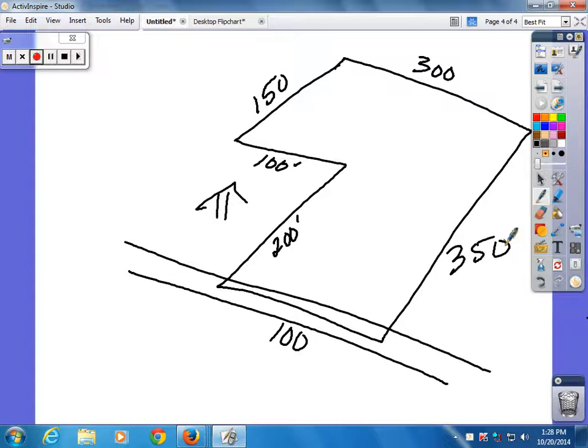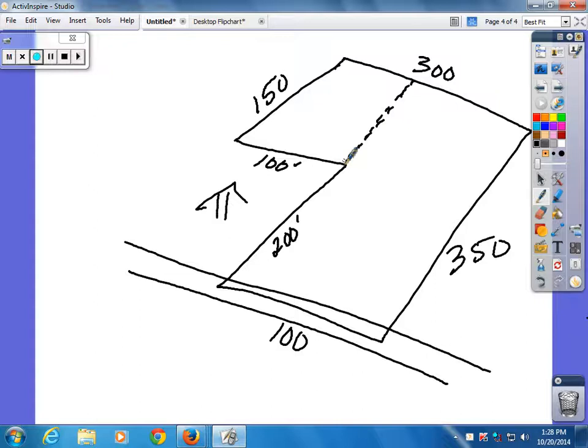All right, so how are you going to do it? Well, basically what a surveyor does is he divides it in. This is old survey. In other words, you only got a rectangular type piece of property. This is the old way that they figured it.